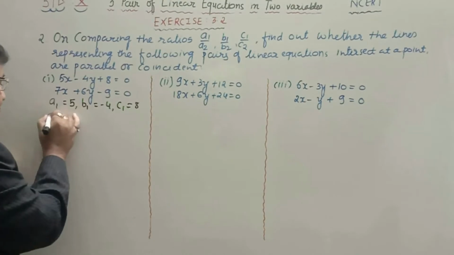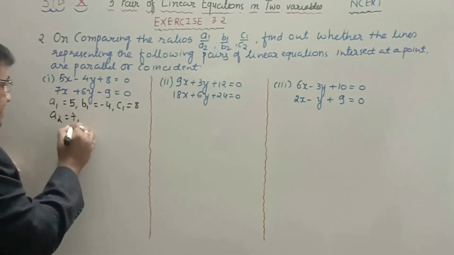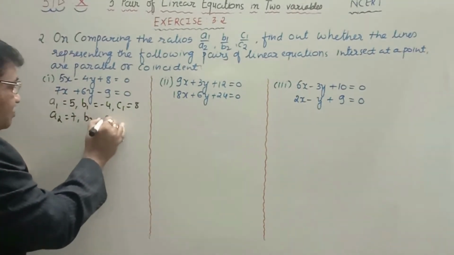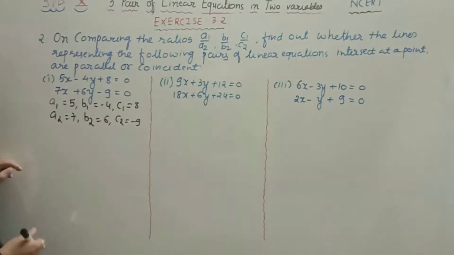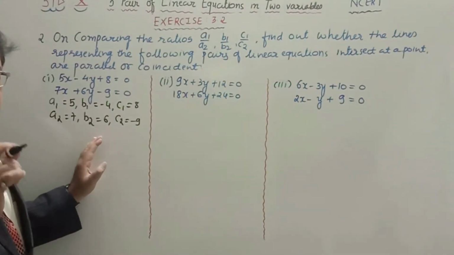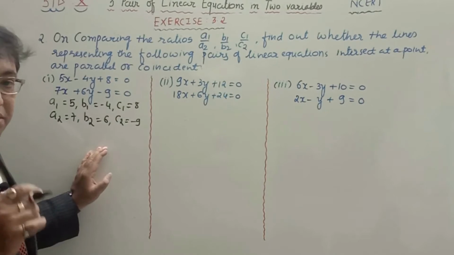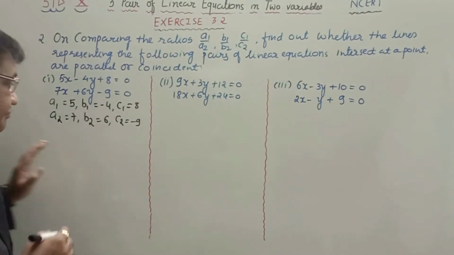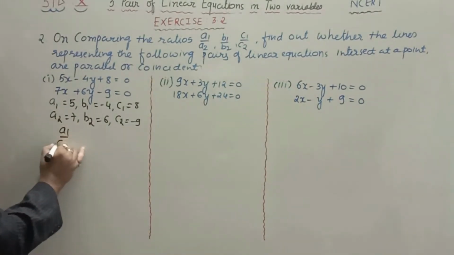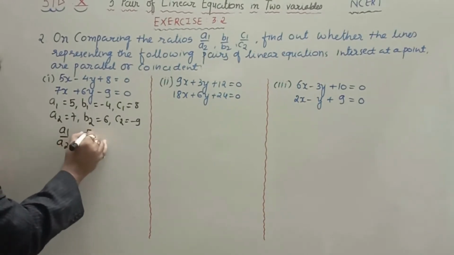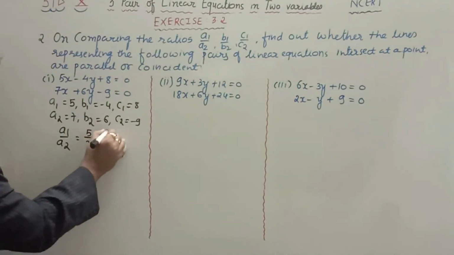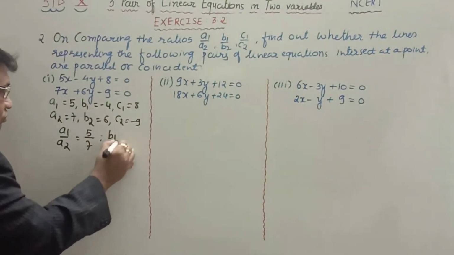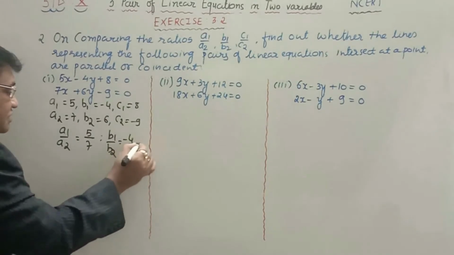Here we get A2 is equal to 7, B2 is equal to 6 and C2 is equal to minus 9. Now we take the ratio A1 by A2, B1 by B2 and C1 by C2. A1 by A2 is equal to 5 upon 7 and B1 by B2 minus 4 upon 6.